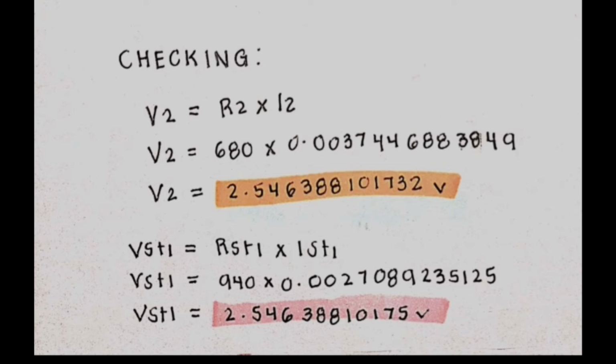VST1 on the other hand is equal to RST1 times IST1, so that gives 940 ohms times 0.0027089235125 amperes. Then we're going to have a result of VST1 of 2.54638810175 volts. This proves that our solutions are correct.